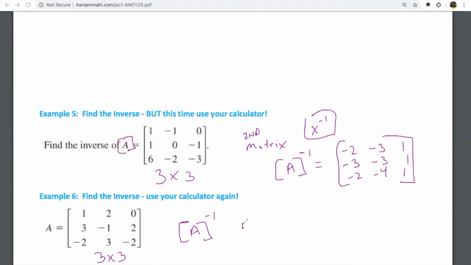That means there is no inverse. Recall that we talked about at the start, not every matrix has an inverse. In fact, to even have the capacity to have an inverse, you have to have a square matrix, but even amongst square matrices, some have no inverse.